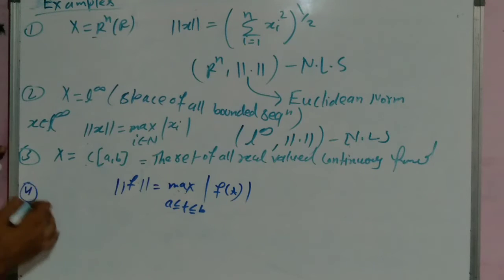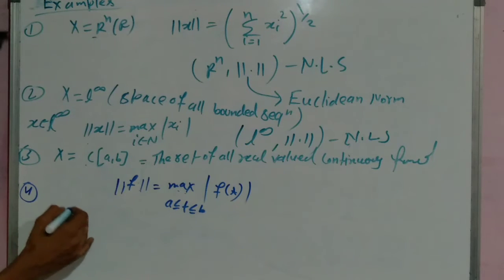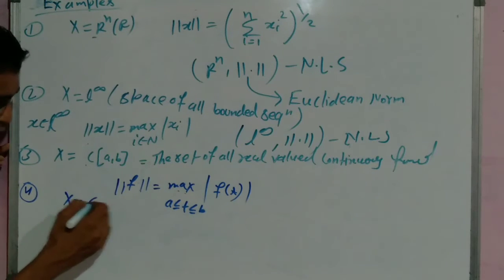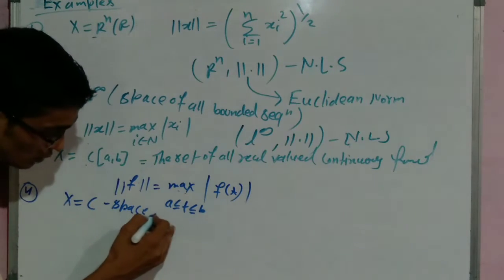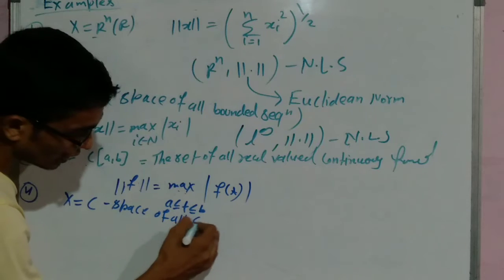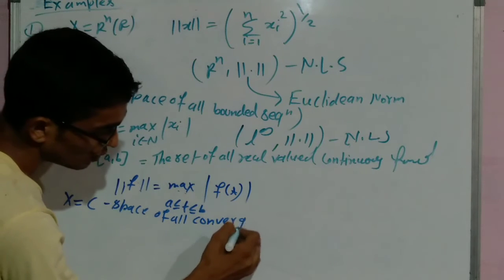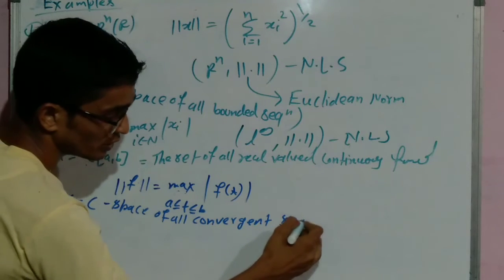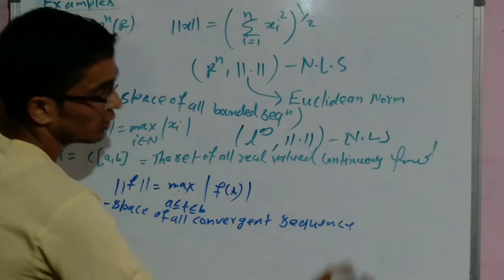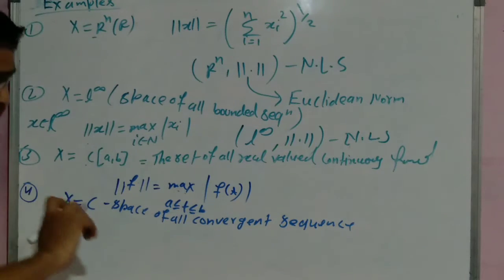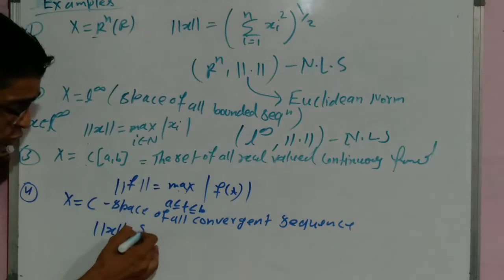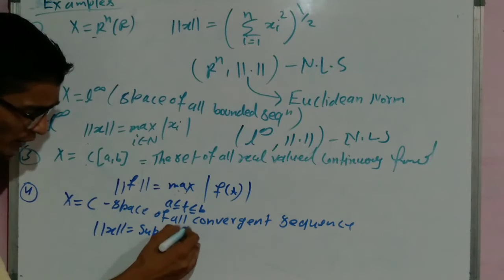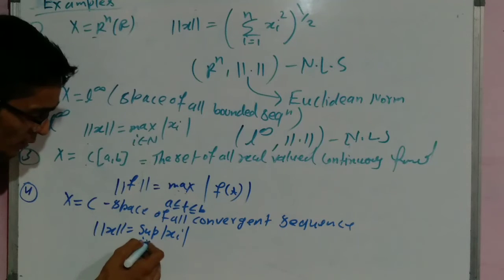And fourth is X equal to C. X equal to C means the space of all convergent sequences. For this we define the norm of x equal to the supremum of mod of xi for all i belongs to n.